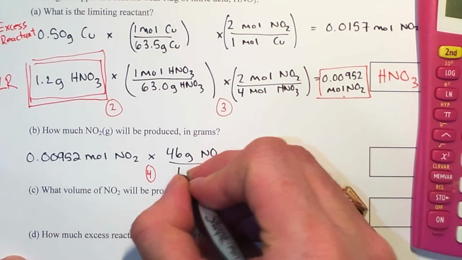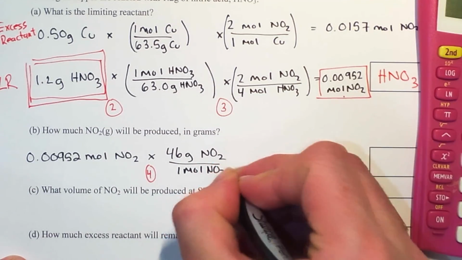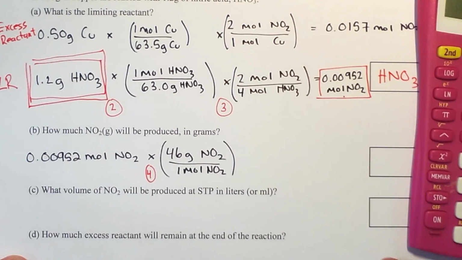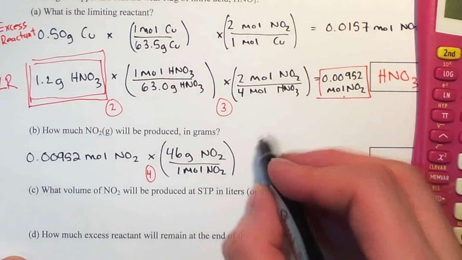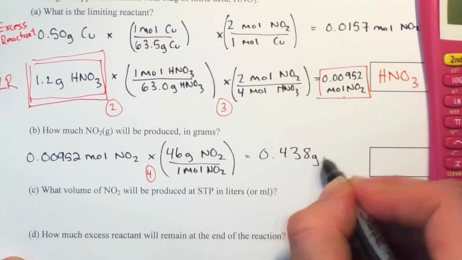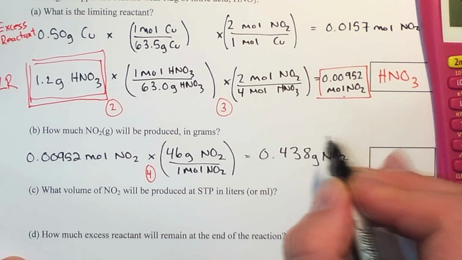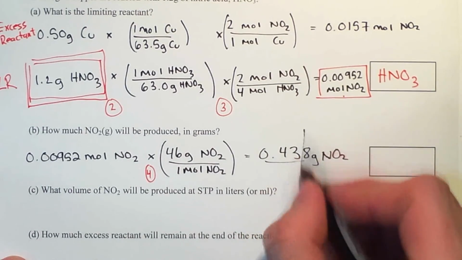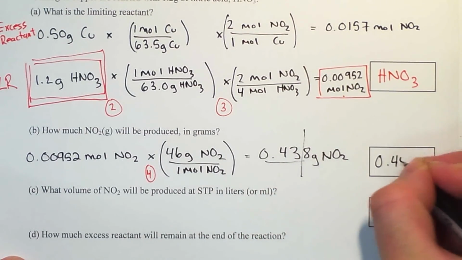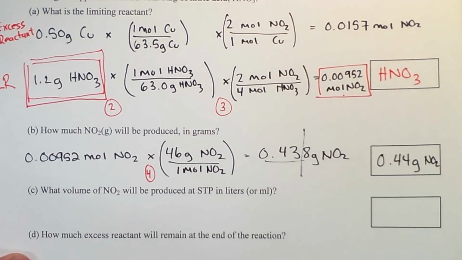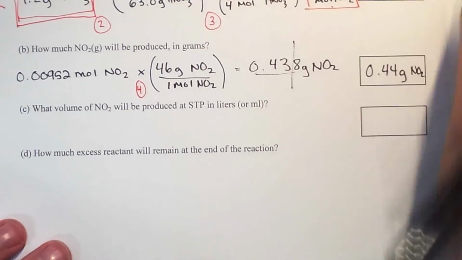So 46 grams of NO2 is equal to 1 mole NO2. 0.00952 gives 0.438 grams NO2. I only have 2 significant digits, so 0.44 grams NO2 would be the mass of NO2 produced, now that I know my limiting reactant.